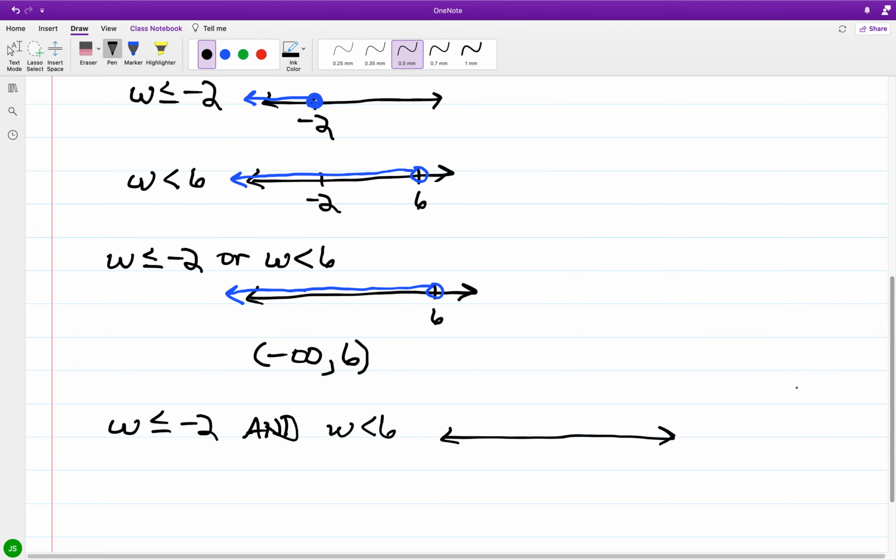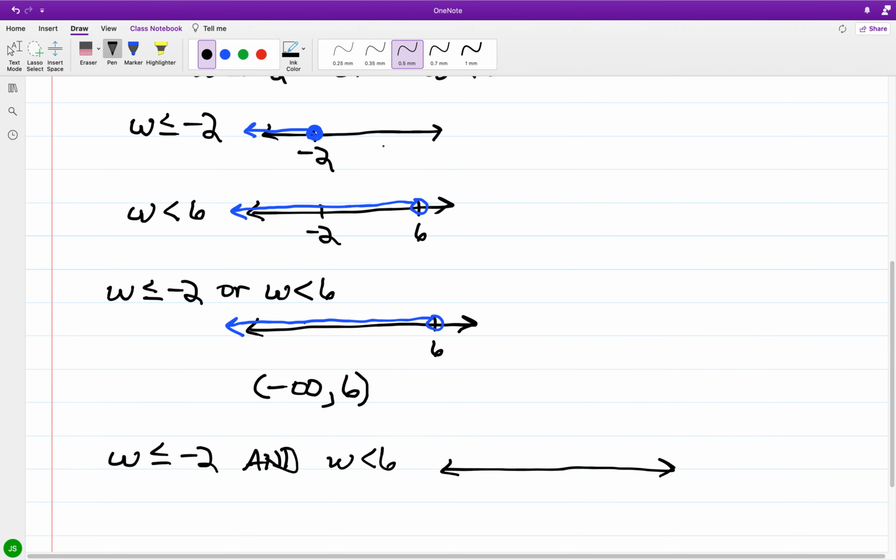In other words, what belongs to both sets, you would have just those values less than or equal to negative 2. And this would be your graphical solution. And as an interval, you have going from negative infinity approaching and including negative 2, where that would be in the bracket.